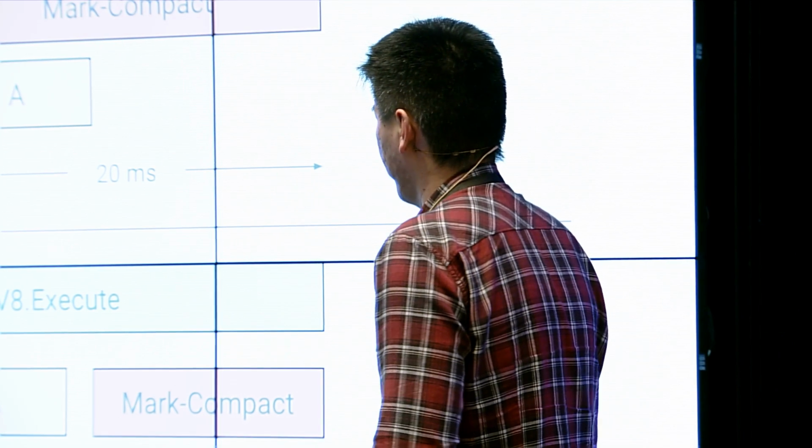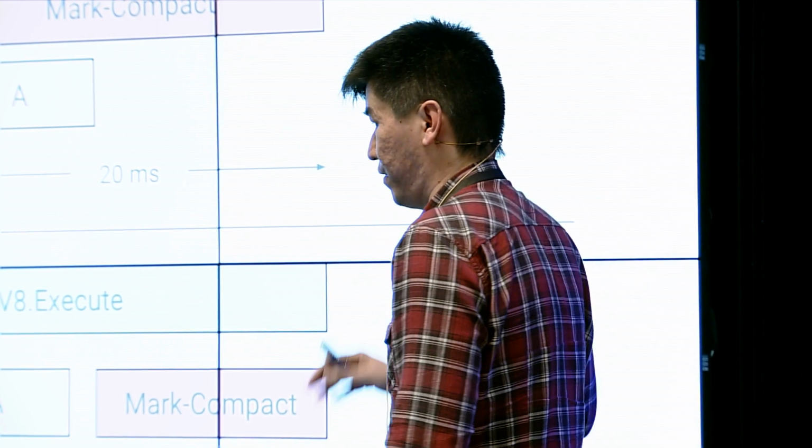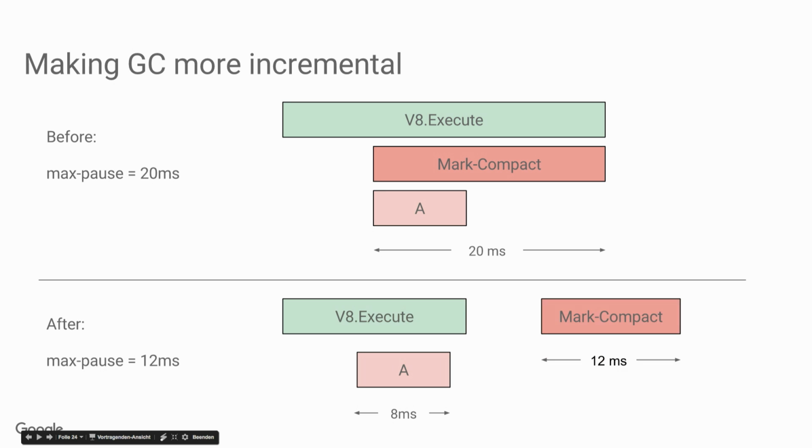What happens if these two events are inside a long-running script, as, for example, V8 execute? For the Blink scheduler, it will not see the decrease in time of V8 execute, so it will not result in latency improvement.